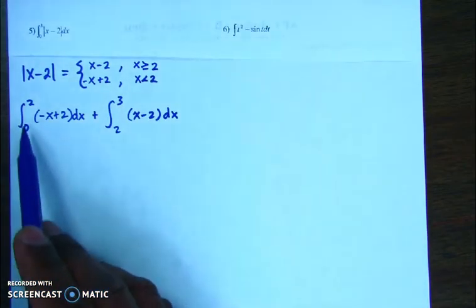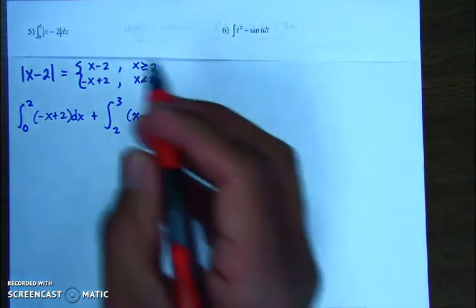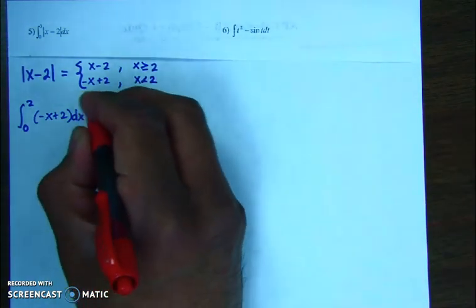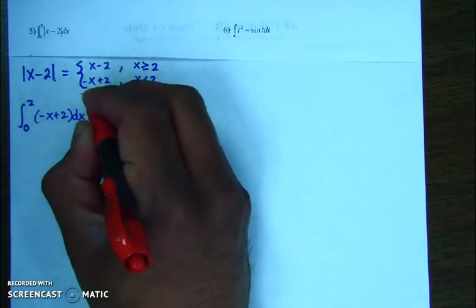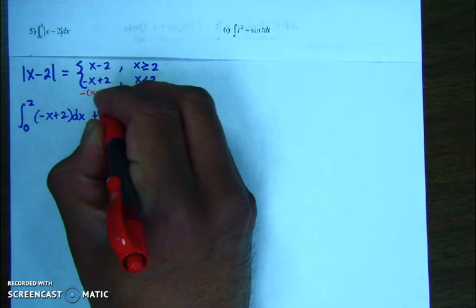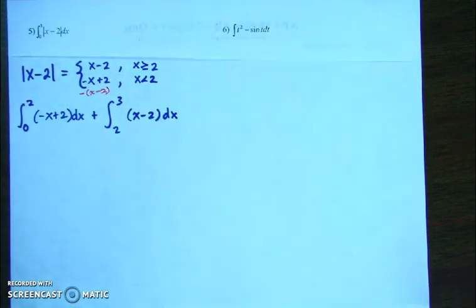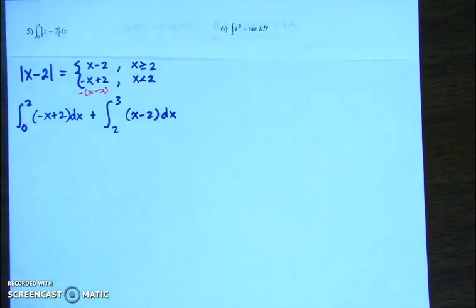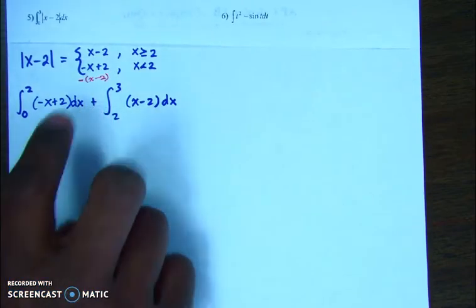So it's the integral from 0 to 2 of negative x plus 2 dx plus the integral from 2 to 3 of x minus 2 dx. And real quick, I just want to add that I got negative x plus 2 because it's negative parentheses x minus 2, and when you distribute the negative, it's negative x plus 2. Alright, so then you would integrate these separately, add them up and you'll get your answer.